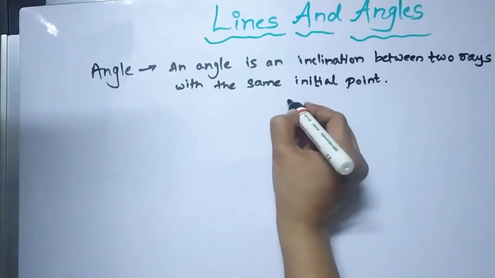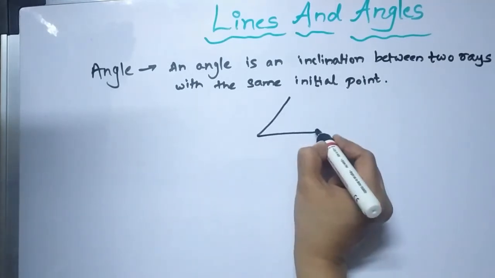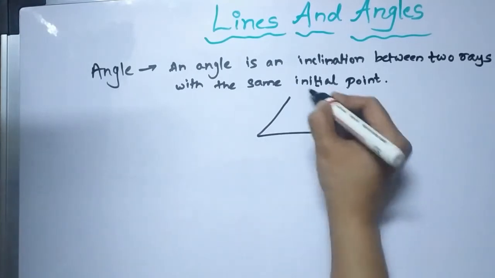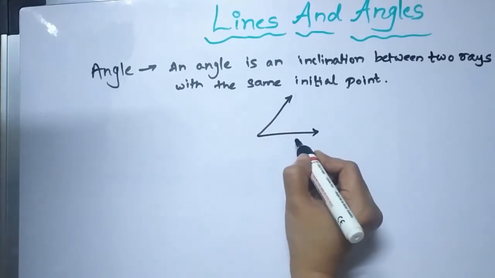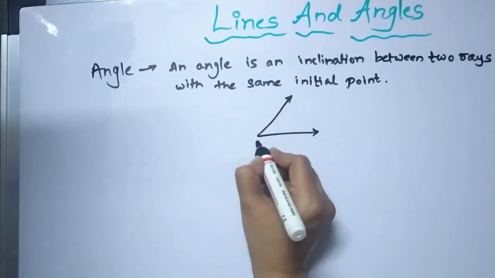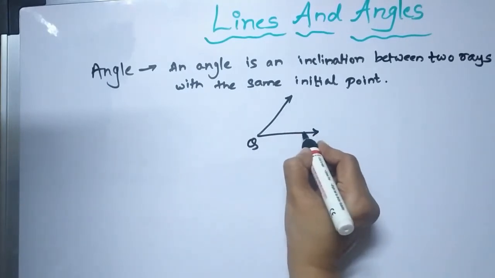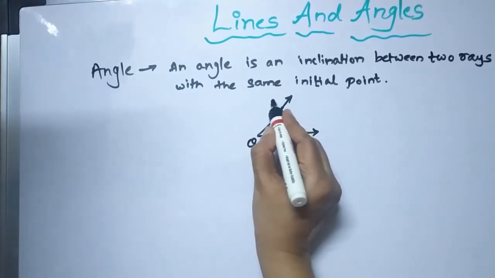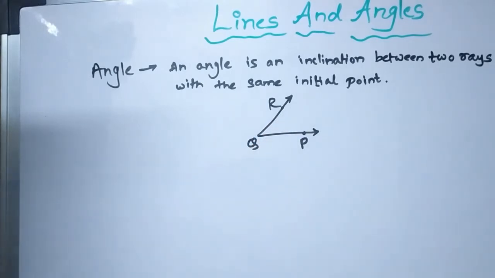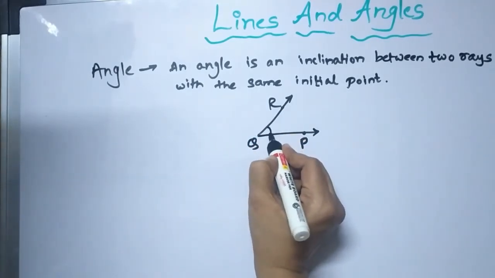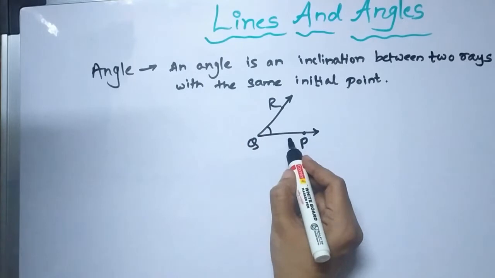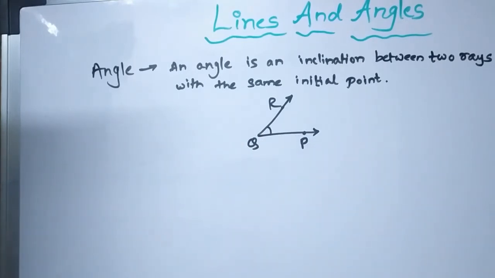So, for example, let me draw one angle here. These are the two arms, or you can say the two rays.